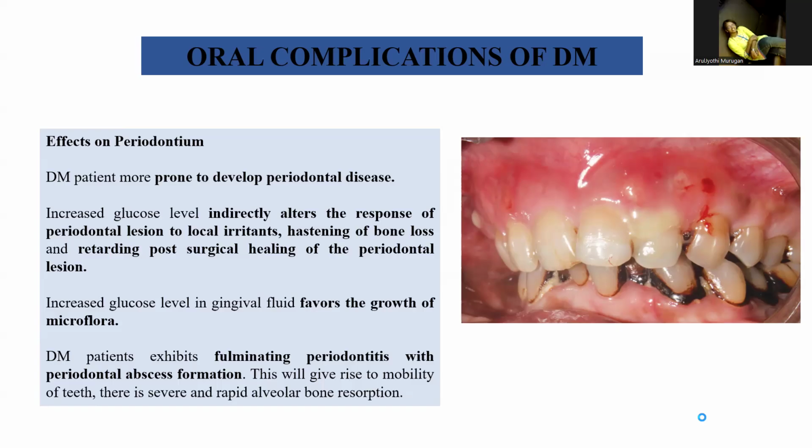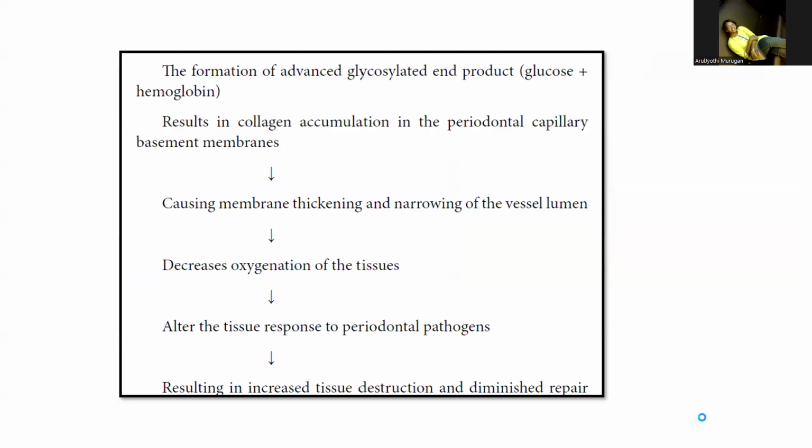The increase in glucose level in the gingival fluid favors the growth of microflora. The patient exhibits fulminating periodontitis with periodontal abscess formation, which is a common finding in the diabetes mellitus patient. This gives rise to mobility of the teeth when there is severe and rapid alveolar bone resorption. So this is the pathophysiology of how diabetes mellitus affects the periodontium.